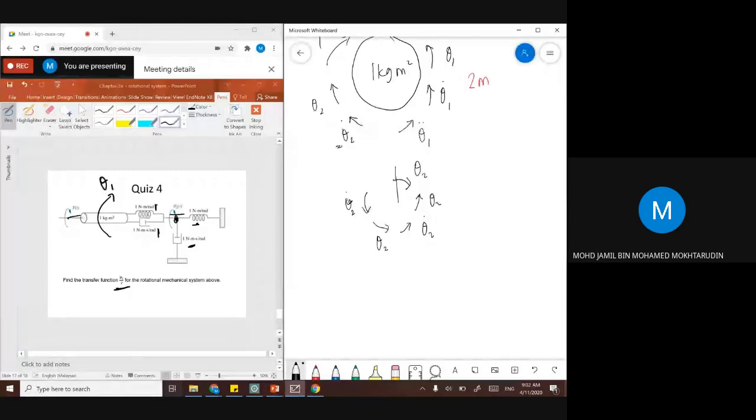Okay, so the first spring and damper is also connected with theta 1, the rod theta 1. So you have two more forces acting clockwise, okay? So here theta 1 and theta 1 dot. Okay, so 2 markah.